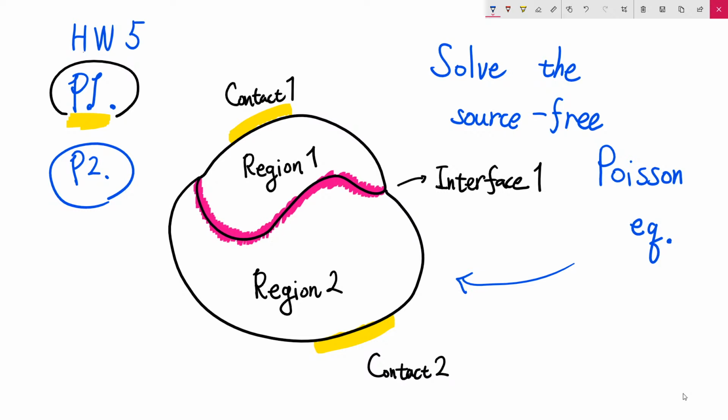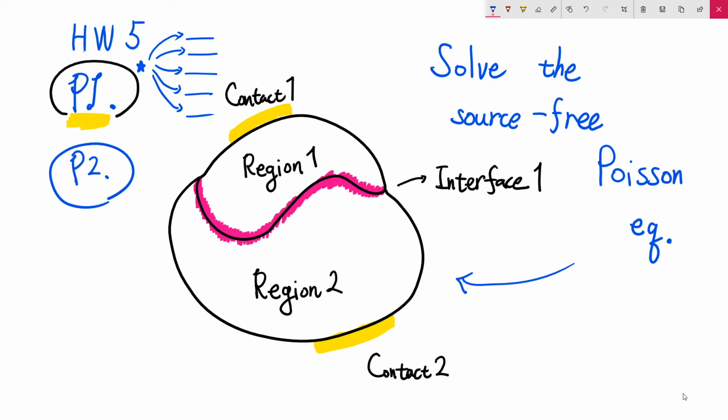In problem 1 you will make many structures to demonstrate your structure is really working. Then for each structure, apply certain bias conditions.